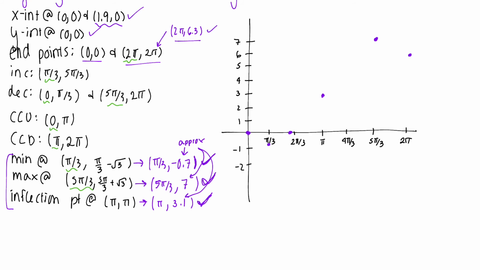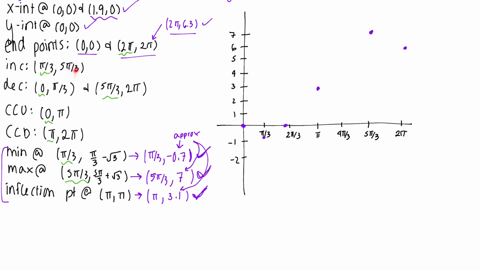Plotting those points. What I really wanted to do was this part down here where we do the increasing, decreasing stuff. So the places where it parts ways are at pi over 3, I'll make a line. At 5 pi over 3, make a line.